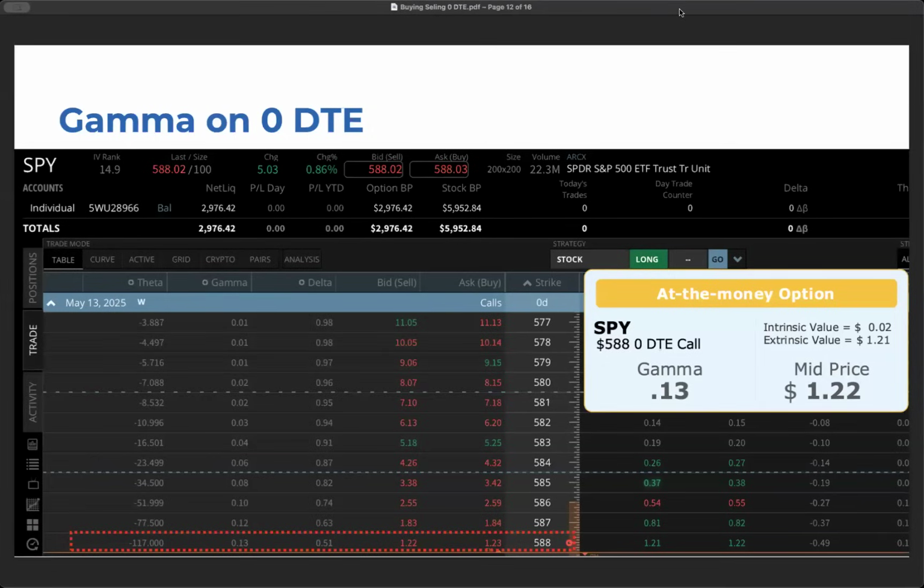So what we're learning here is the difference in terms of time decay, whether you're buying or selling, and the difference in terms of leverage that you're getting between a 30-day and 0 days to expiration option.